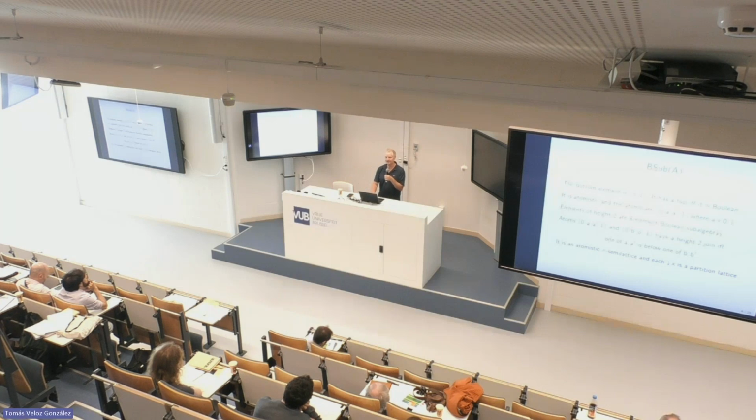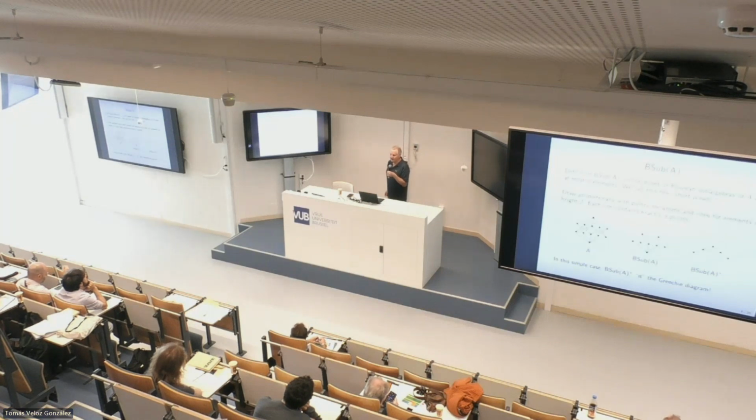So you might hope that from this poset, I can figure out A. And for the most part, it turns out that yes, you can do that. So one last little bit here is that this guy is an atomistic meet semilattice, and each principal down set is a partition lattice. So you can figure out a lot more about this poset. But that's not the direction I want to go in so much.